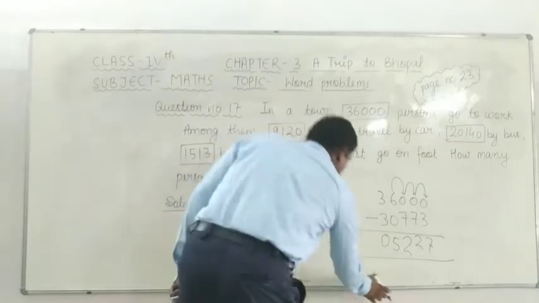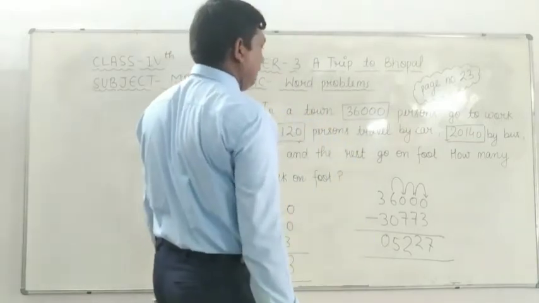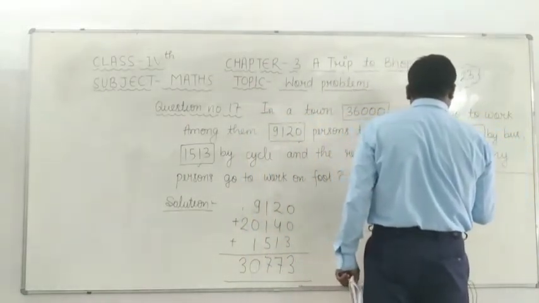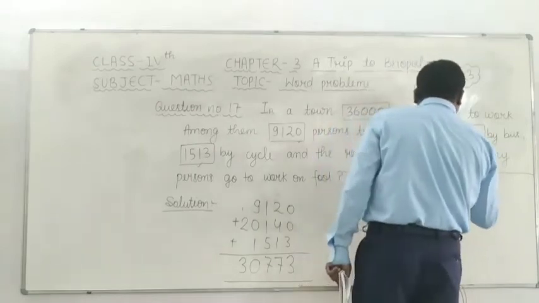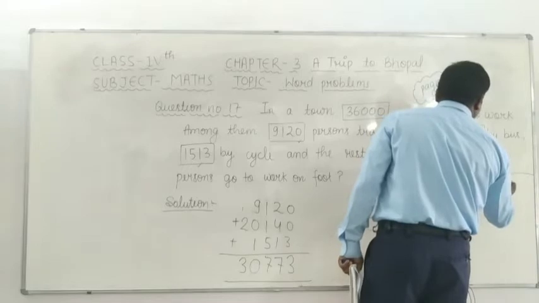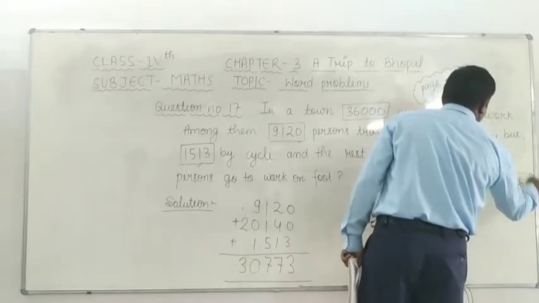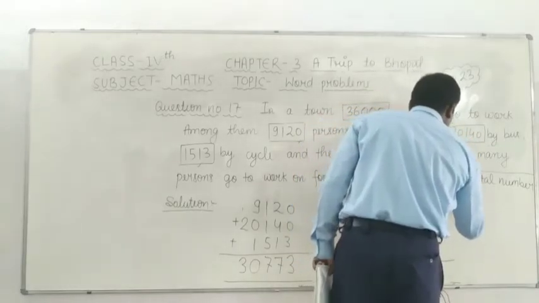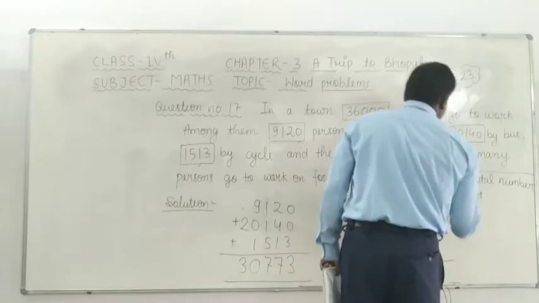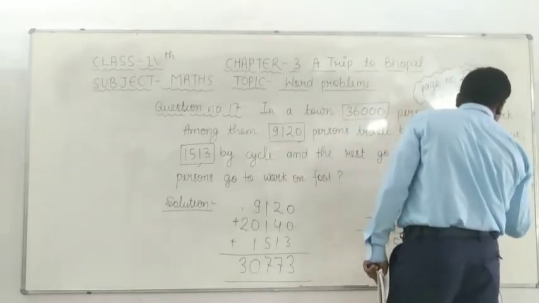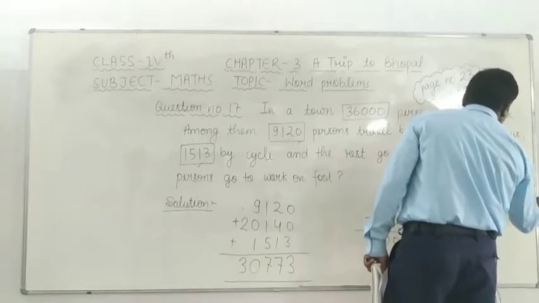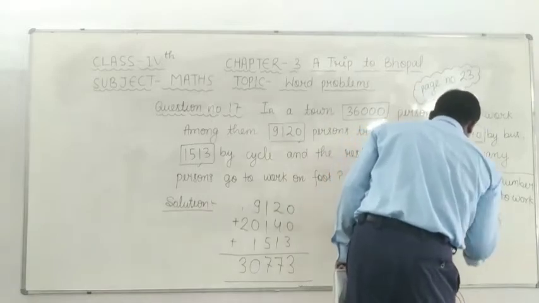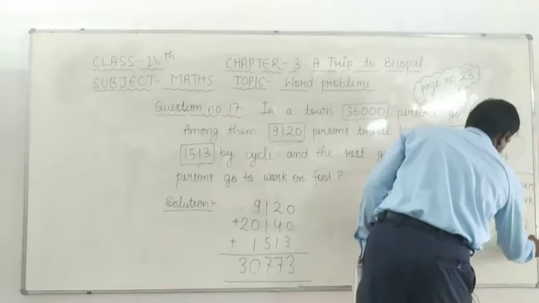Here we can write the answer: the total number of persons who go to work on foot is equal to 5,227 persons.